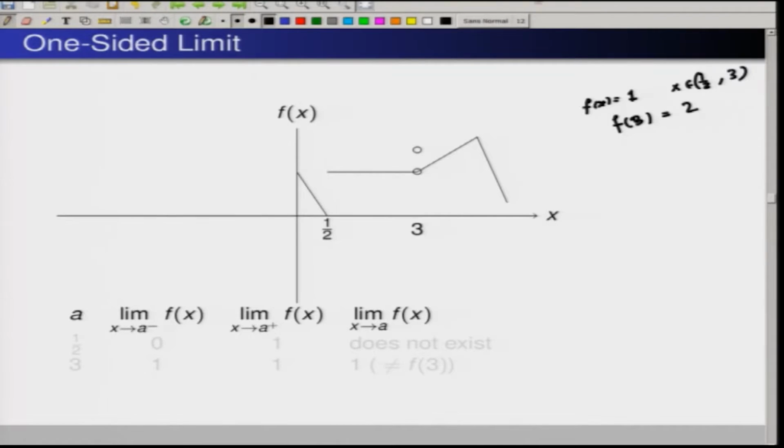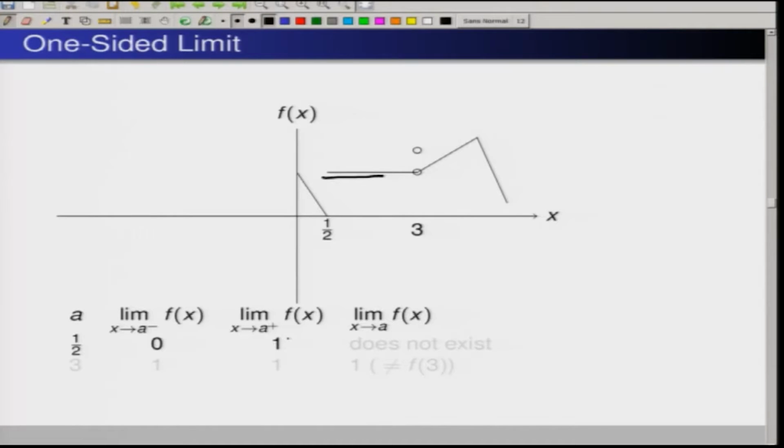Now look at the points. If we look at a to be 1/2, then when I am traveling from the left, we are approaching 0, and when I am traveling from the right, all these values are constant 1.